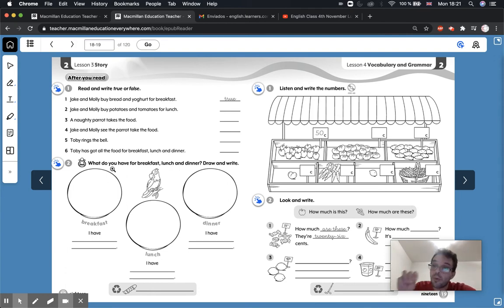Draw and write. Okay, so this depends on you. Tienes que escribir lo que comes para desayuno, para comer y para cenar. Y hay que escribirlo aquí y dibujarlo aquí en los redondos. Okay, we write in the space and we draw in the circle.